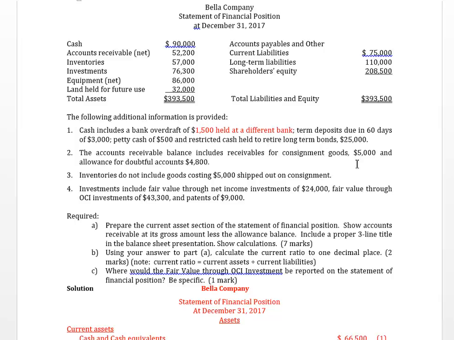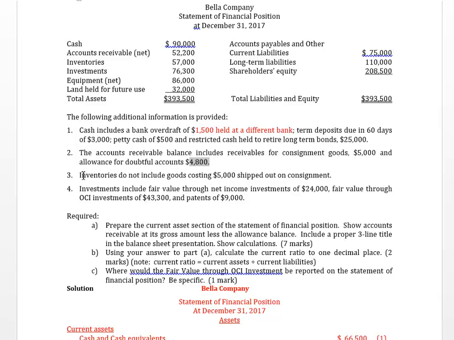So we know that we need to deduct that from that $52,200 balance.